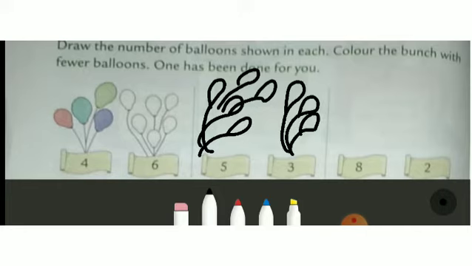You can see which balloons are less in number, the second one. So 3 is the smaller number here, so we have to color these 3 balloons by using the colors. Use color and color the smaller number of balloons with your favorite colors. This way complete it.